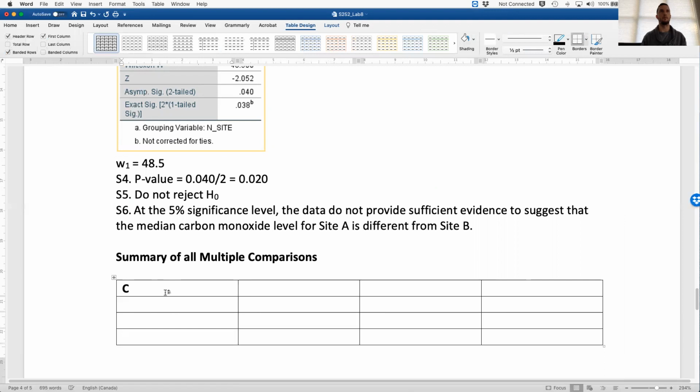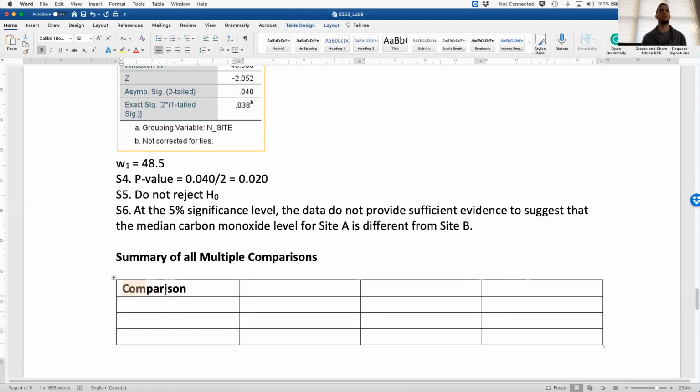Okay, so we can go comparison or hypotheses, test statistic, p-value, decision.